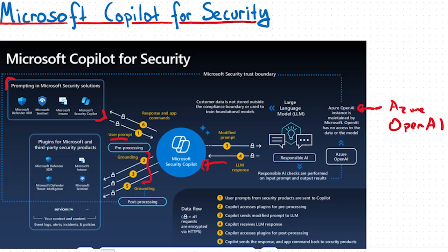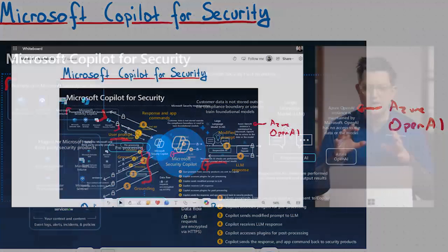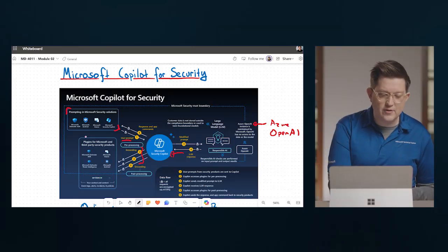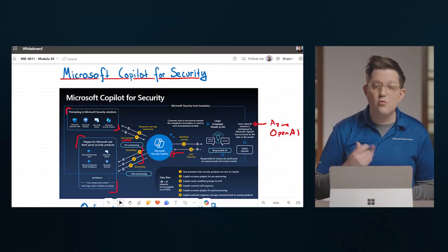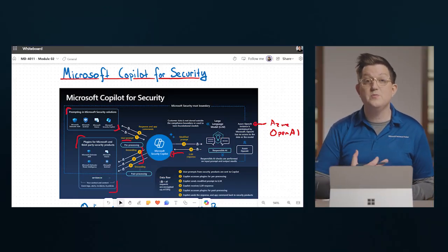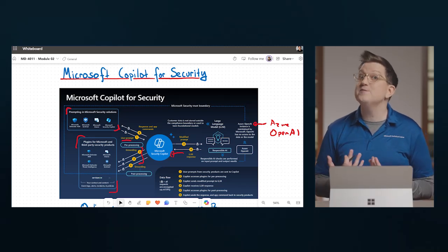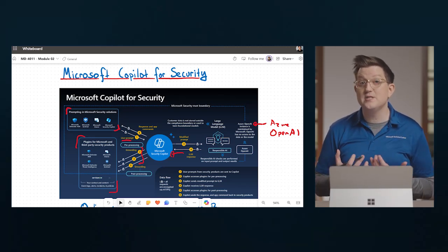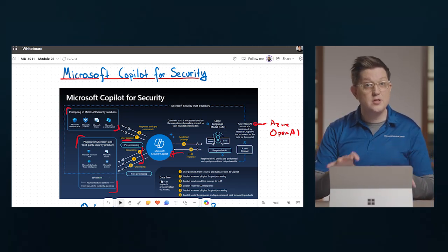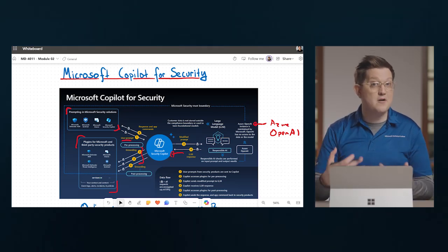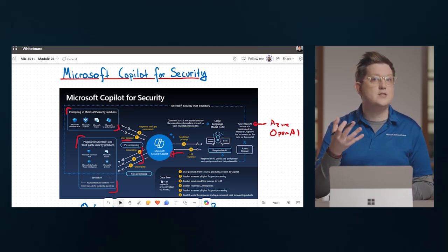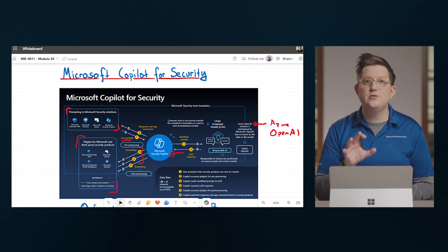What are your users doing? What are your devices using? What apps do you have installed? This is important, and we can leverage plugins over to a whole range of third-party products within our environment and first-party products within the Microsoft ecosystem to ensure that the data that you are leveraging as part of your prompting exercise is always relevant to your environment alone.